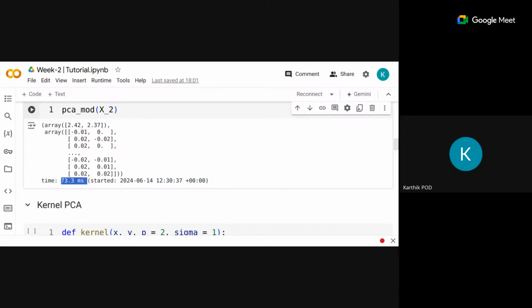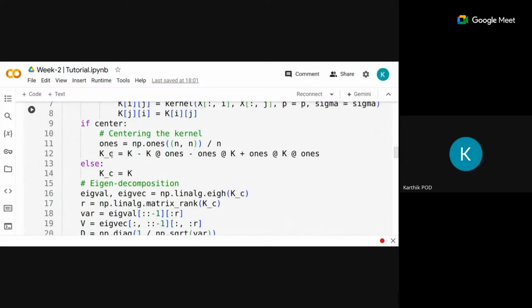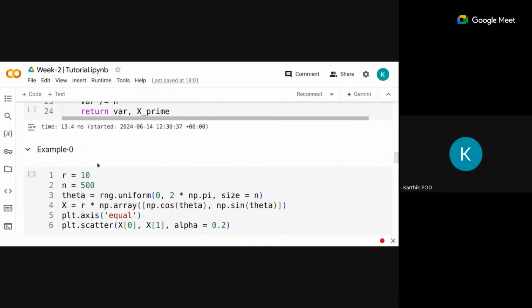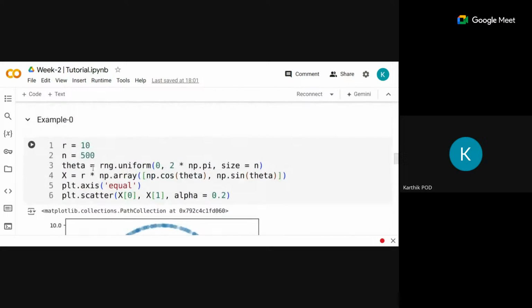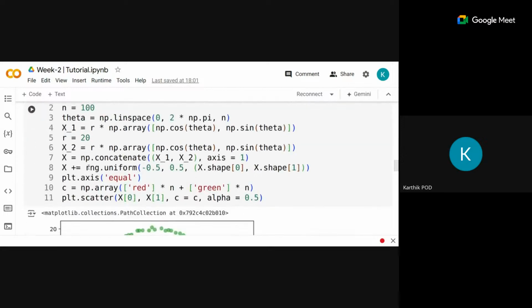All right, so this is one idea. The other one is, I've written kernel PCA, so maybe I'll share this Colab. You can experiment with this. Example 0 is not great, but example 1 is like this, right?